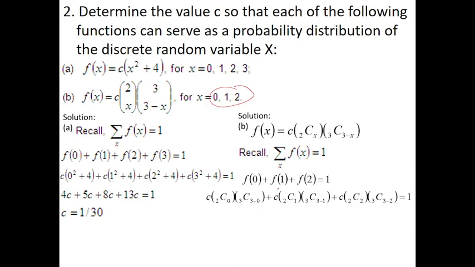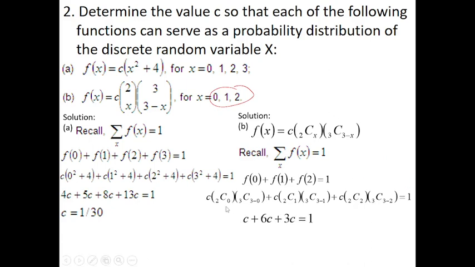And we have here f of 0, which is c times 2C0 times 3C(3 minus 0). F of 1 is c times 2C1 times 3C(3 minus 1). Then f of 2 is c times 2C2 times 3C(3 minus 2). And that gives us 1.